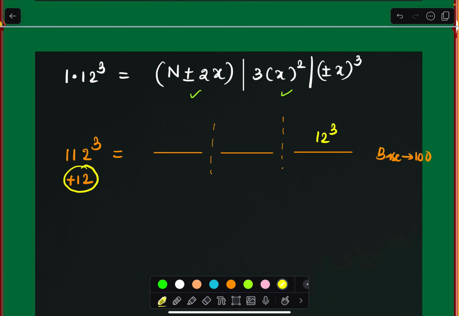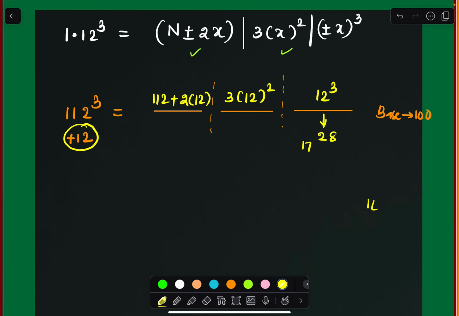Next one, 3 times 12 square, this value, right? And here to the number we add 2 times its surplus value. So 12 cube value, how much, ma? We'll get 1728, but we need to write this value as 28, write 17 as carry. And here 12 square is 144, 144 into 3, we multiply. So 4 3s are 12, 4 3s are 12, 3 1s are 3.